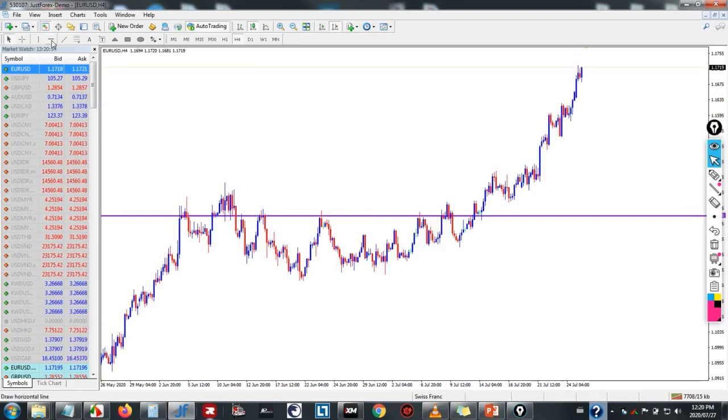The reason I do not agree is because this is not true: the longer a support and resistance is tested, the weaker it becomes. When it was tested here, look how far the market went. It even broke this low, and then it was tested again.